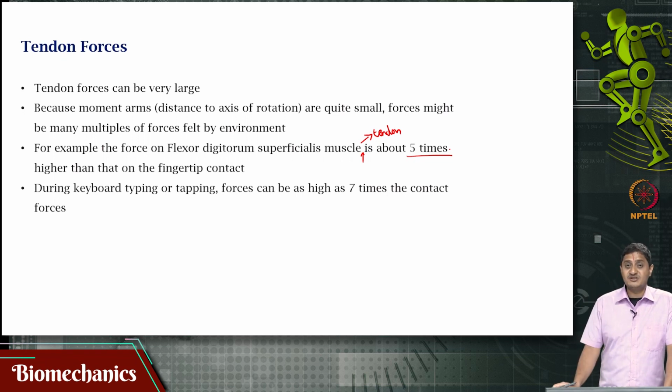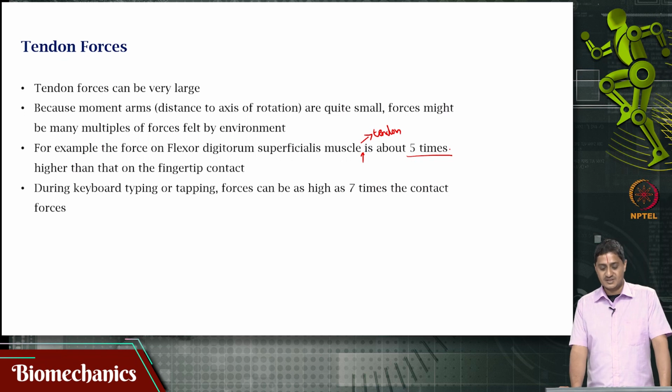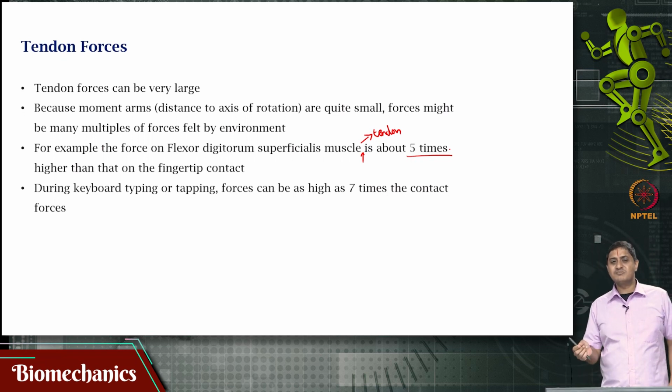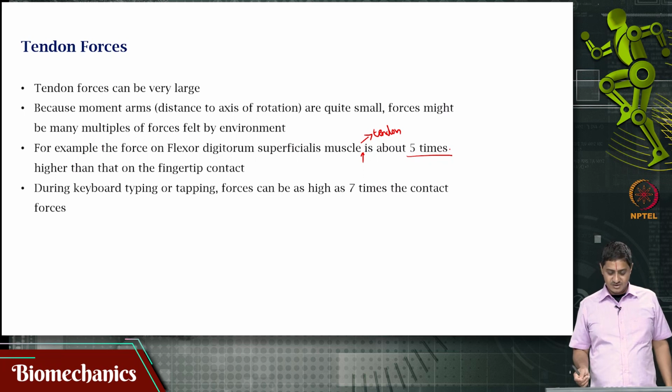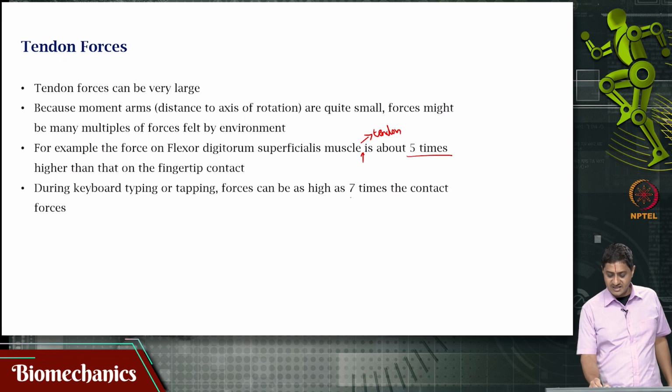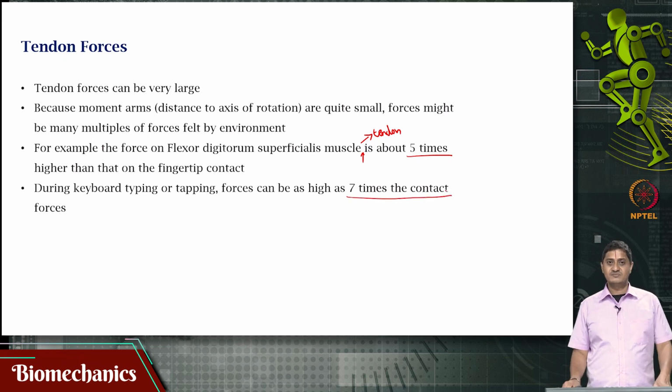So if I am measuring fingertip force and it is 10 newtons, the tendon force is about 50 newtons, huge, right. And during keyboard typing or tapping, you might think that I am just performing a feather touch on the keyboard, but the forces in the tendons can be as high as 7 times the contact forces.